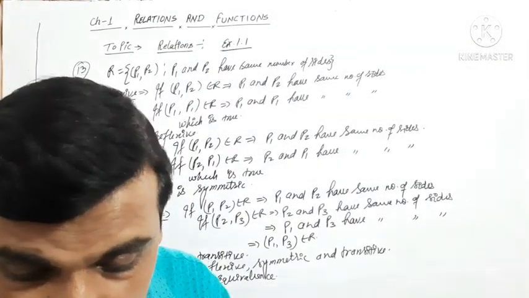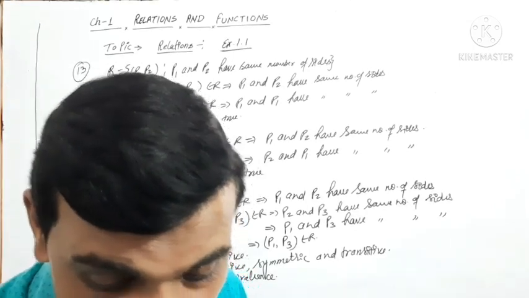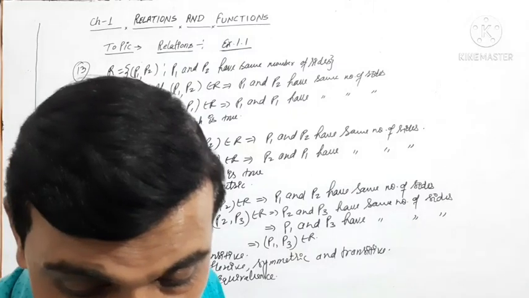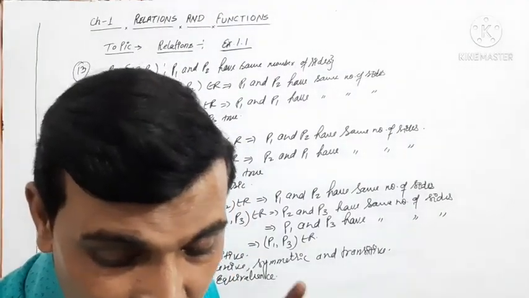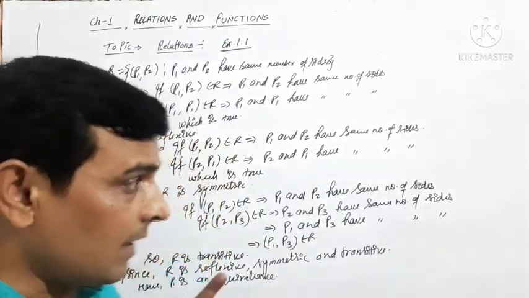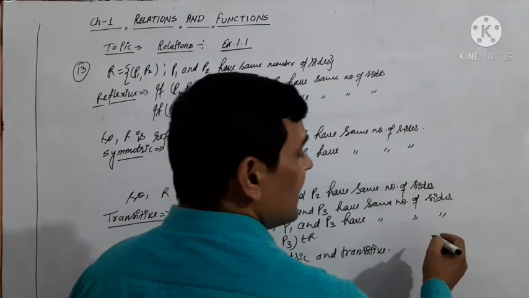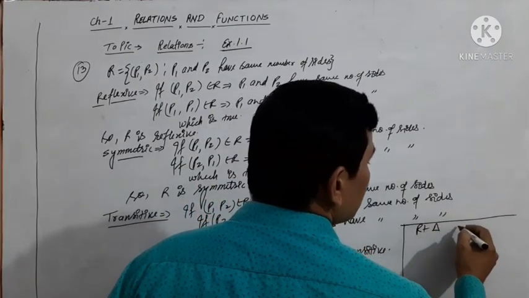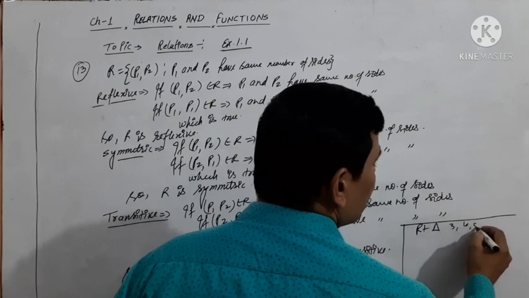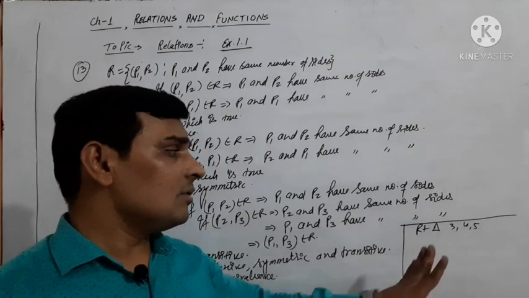Suppose there is a right triangle, and what is the set of elements related to A in a right triangle with sides 3, 4, 5? We have a right triangle of sides 3, 4 and 5. So what is the set of all elements related to this triangle?